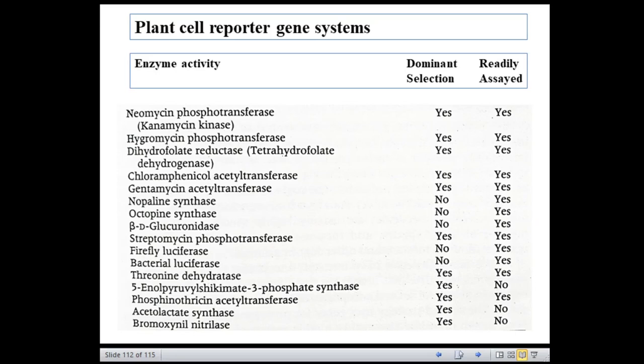Alternatively, GUS activity in plant extracts can be more quantitatively and sensitively assayed by a fluorometric analysis. This involves the hydrolysis of 4-methylumbelliferyl beta-D-glucuronide as a substrate to form a fluorescent product. So this is about the plant cell reporter gene system.